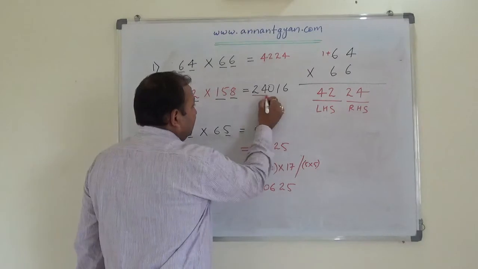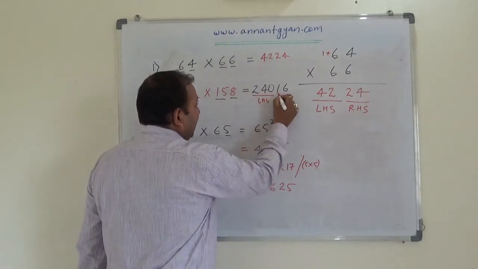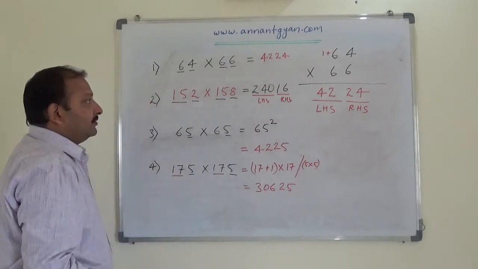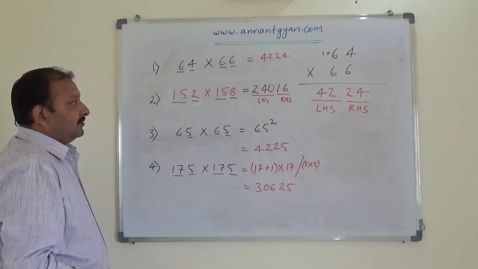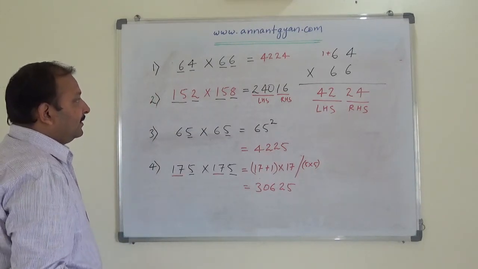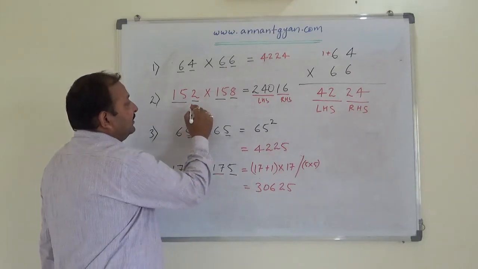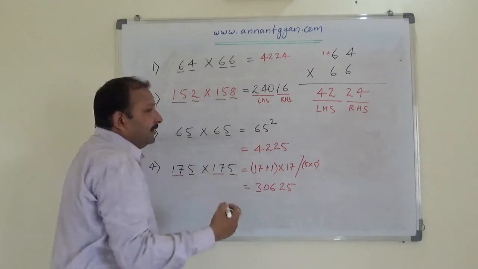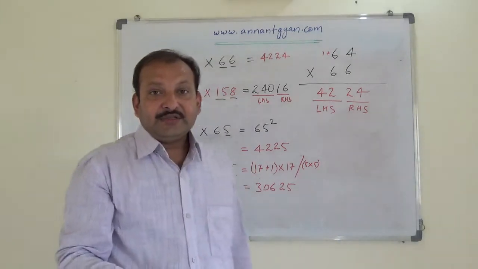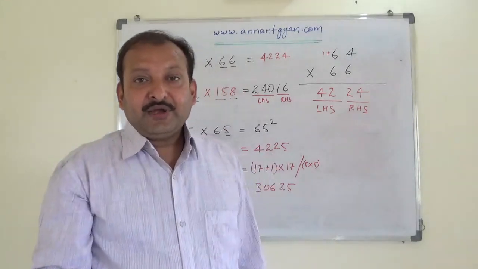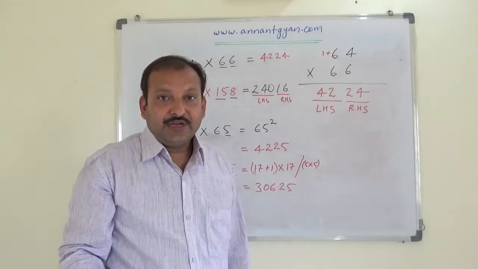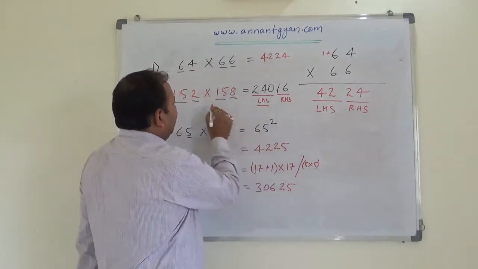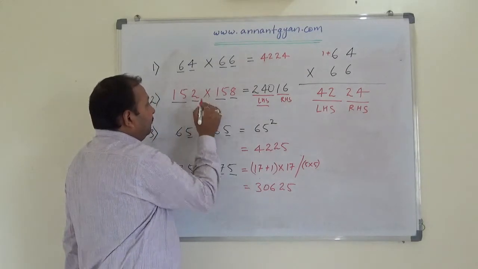So this is the LHS and this is the RHS. Right. So this 240 is 16 into 15. We know very well 15 into 15 is 225. 225 plus 15 is 240. We shall write this 240 in the LHS, and 8 into 2 is 16.